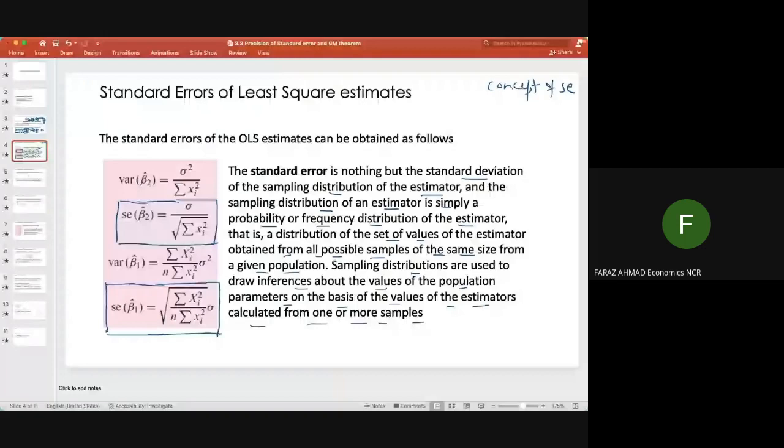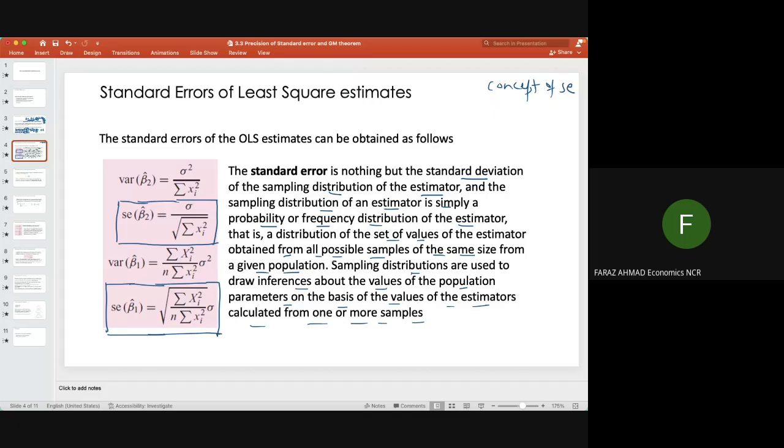No, no. You can take all different combinations of 10, all possible combinations of 10 samples. Okay, let me give you a simple example, not 10 and 1000, because these are big numbers.